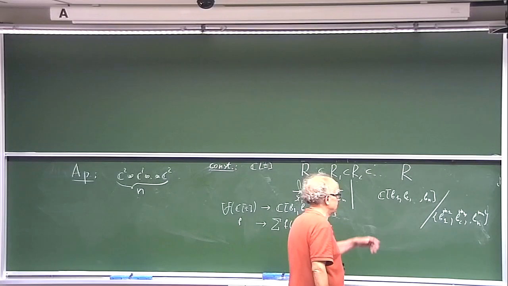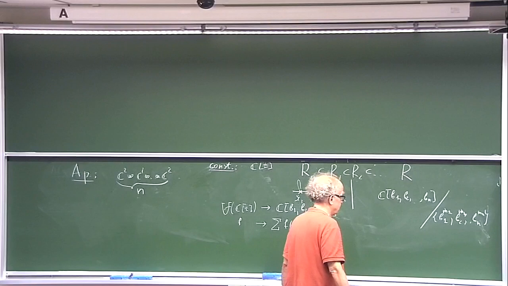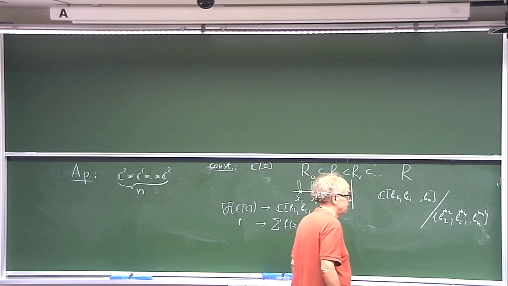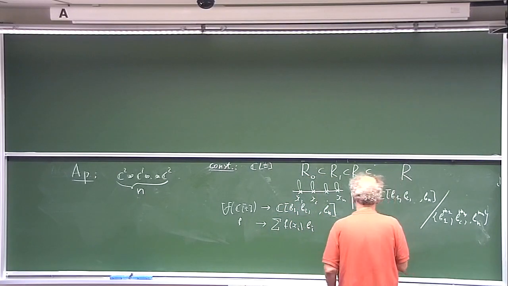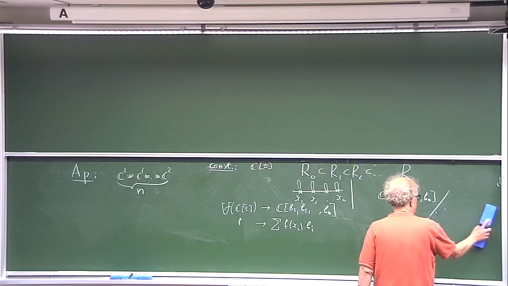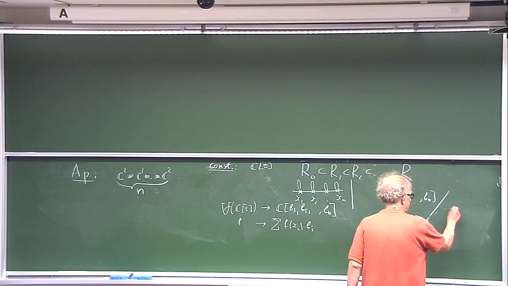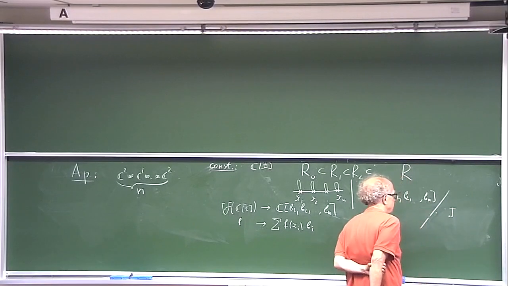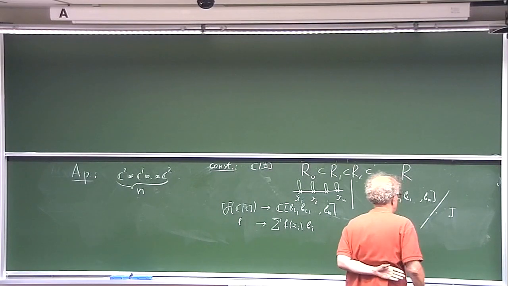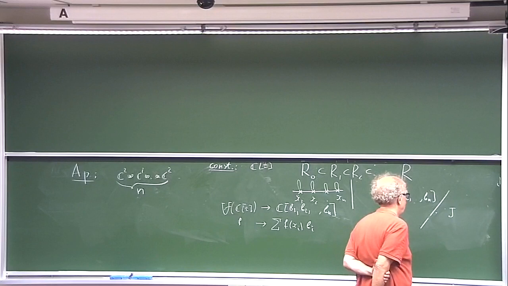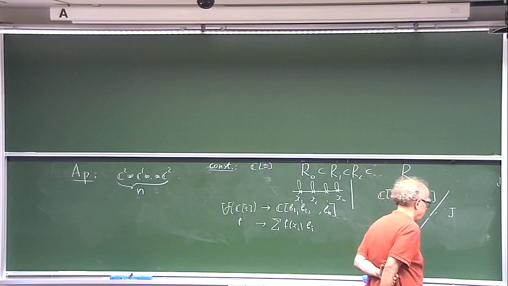So this is the representation that I considered. But if I look at my construction this way, then in principle I can take here any ideal J. If I want a finite dimensional representation, the only condition is that the codimension of this ideal is finite, and then I can ask what is this.